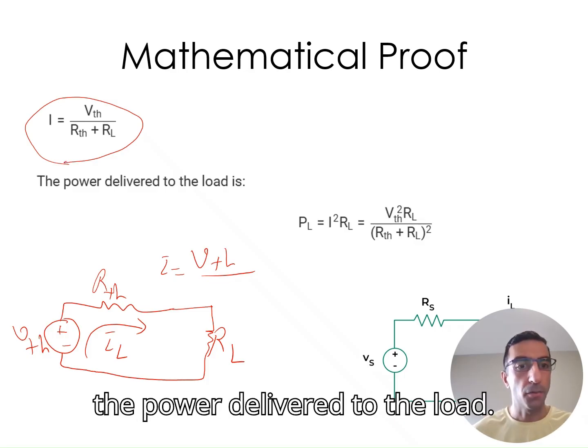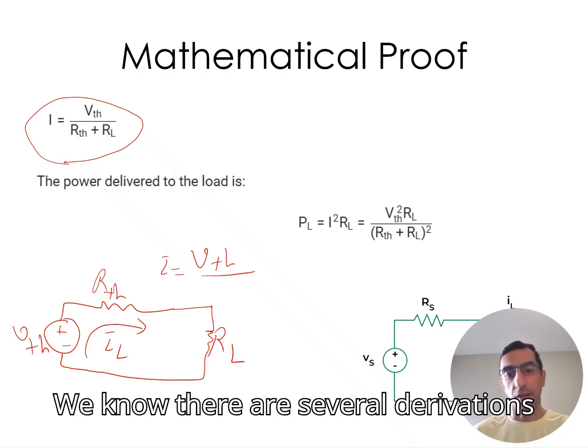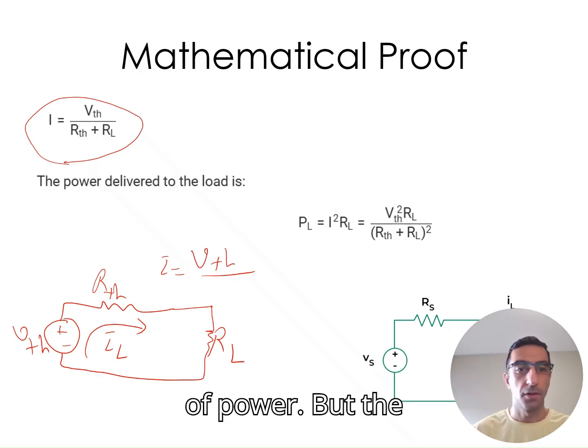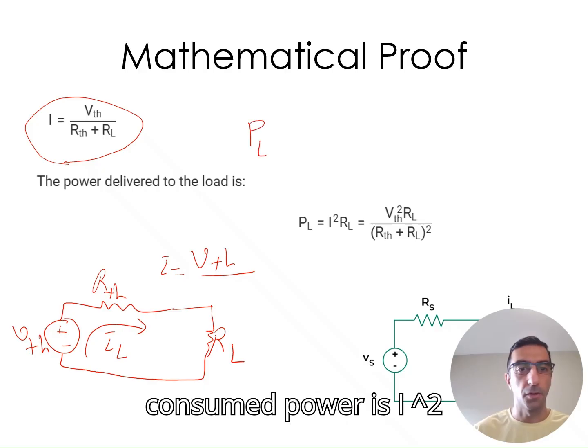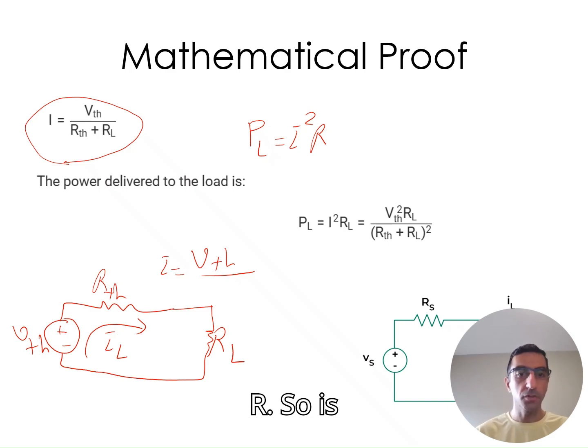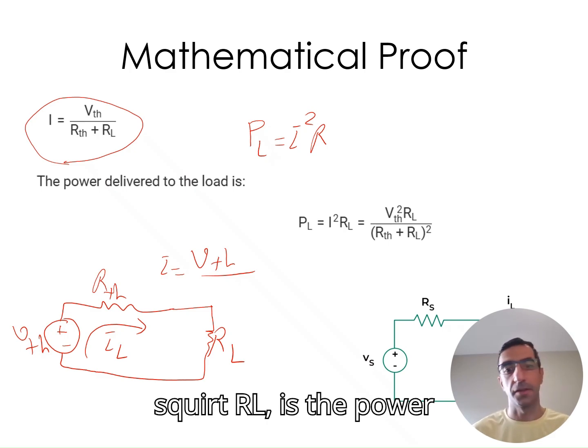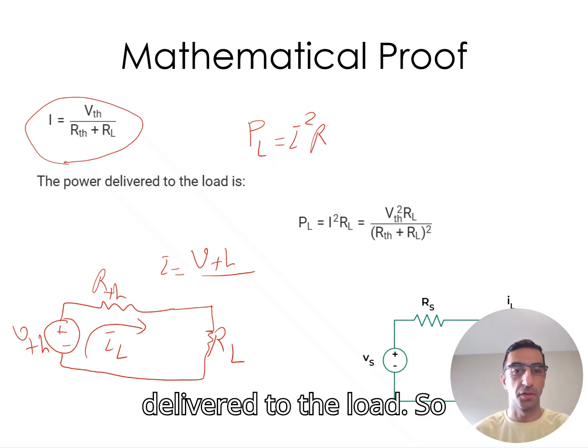Then the power delivered to the load. There are several derivations of power, but the consumed power is I squared R, so I squared RL is the power delivered to the load.